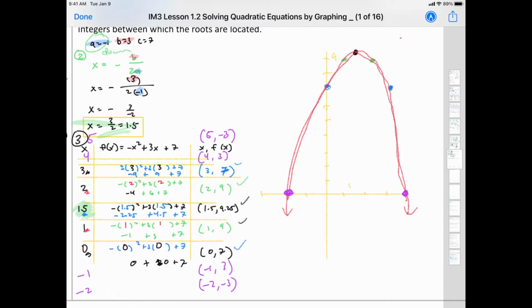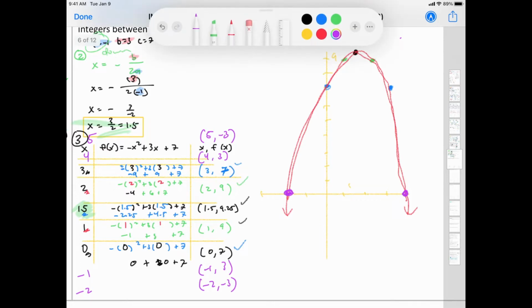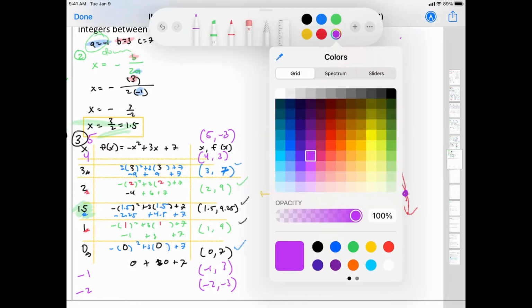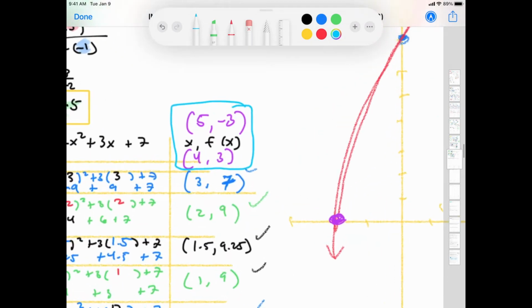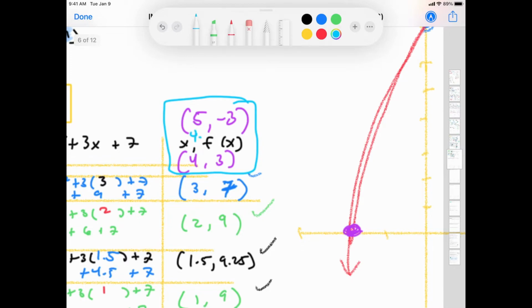Okay, so what they're trying to say is, here is my answer. Let's see. Okay, between these purples is, let's just say you had something like 4.1, comma 0. It's between a positive and negative value on the y's. Let's say that again.